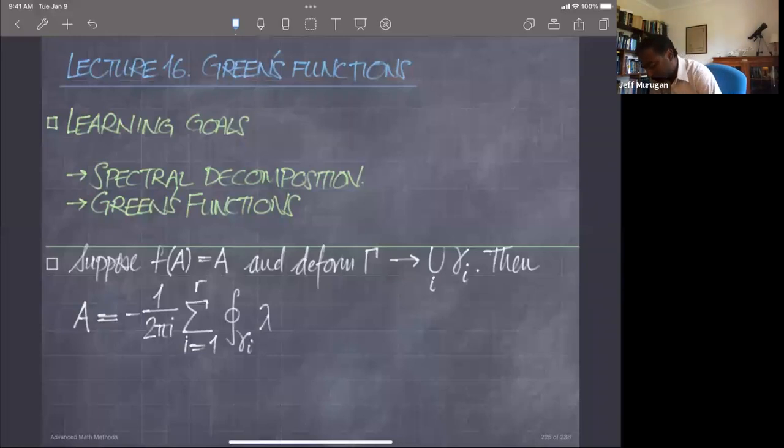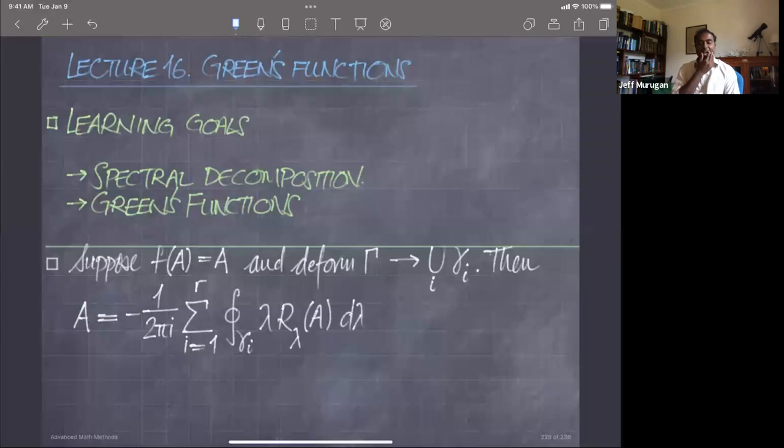Well, this is just a linear function, lambda, times the resolvent R lambda of A, and we integrate with respect to lambda. Okay, now what I'm going to do is add and subtract a set of lambdas, which I'm going to call lambda i.